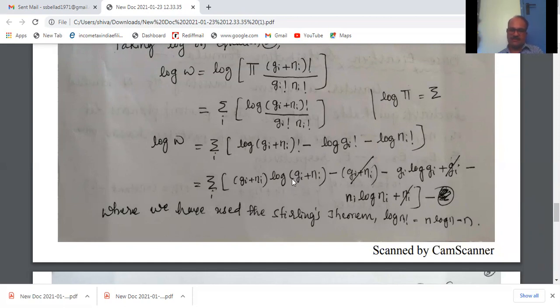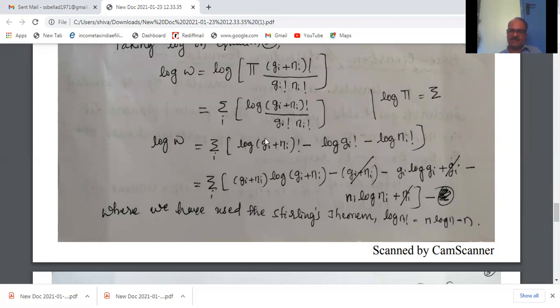So here we are applying Stirling's theorem to expand these factorial terms, because this log of (gi plus ni) factorial term has to be expanded using Stirling's approximation. The Stirling's approximation is that log of ni factorial is equal to n log n minus n.